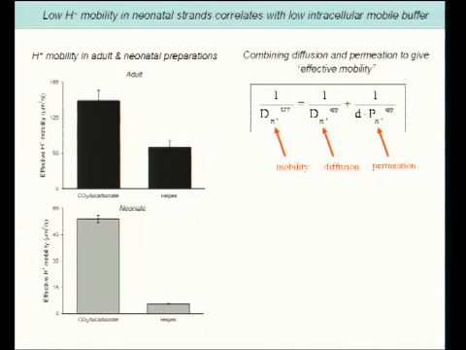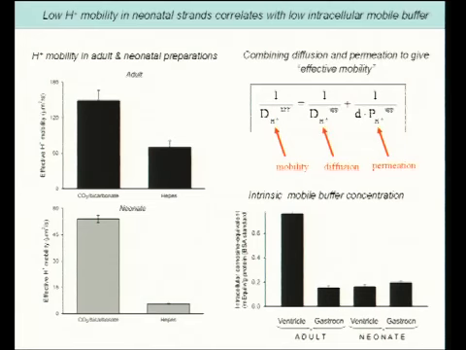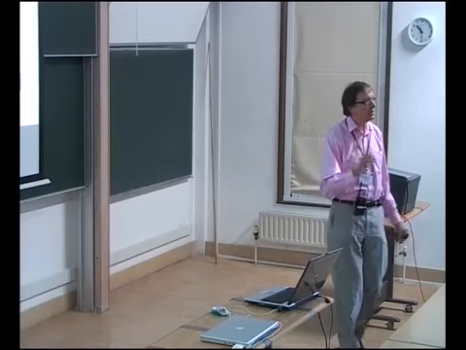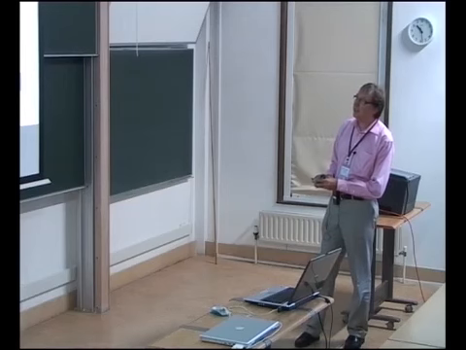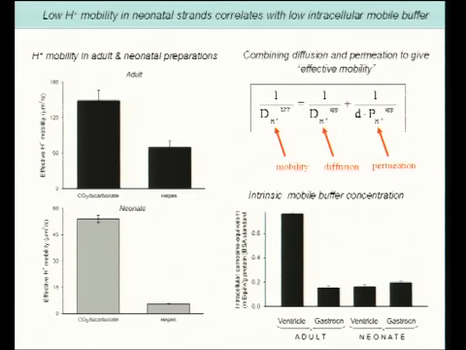And this suggests that neonatal cells may lack some of the dipeptide intrinsic mobile buffer system, which means that its ability to shuttle acid down the length of the strand will be severely impaired. And we've now developed an assay for the mobile buffers in our cardiac cells. It's an absorbance assay based on fluorodinitrobenzene, and it measures low molecular weight histidyl dipeptides.